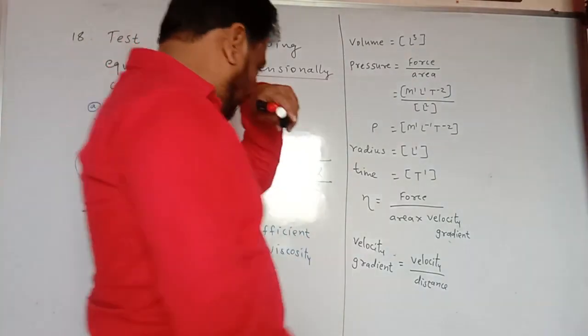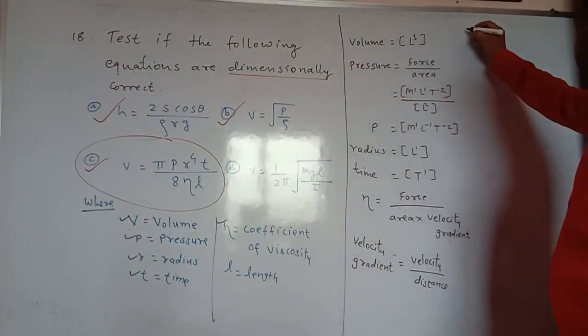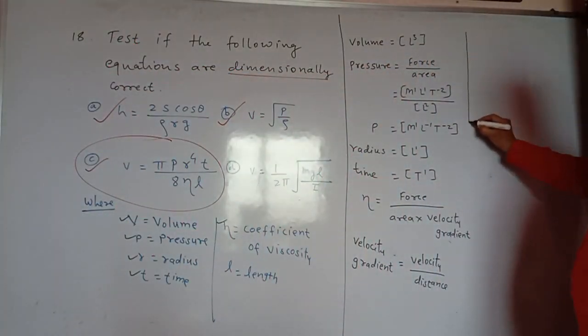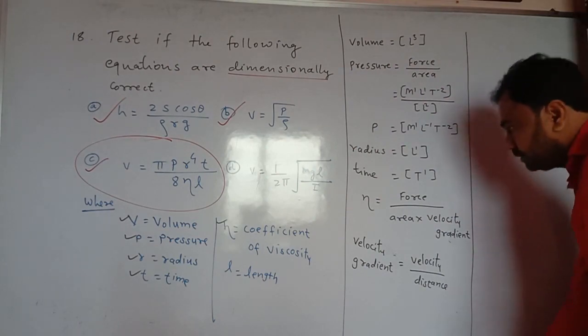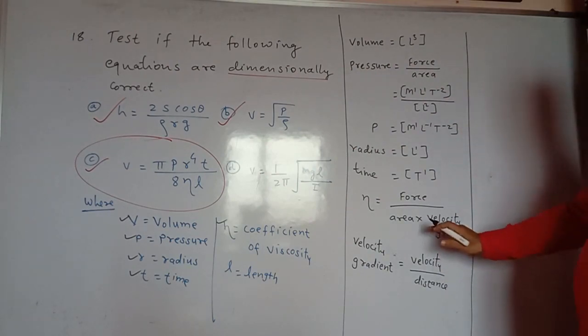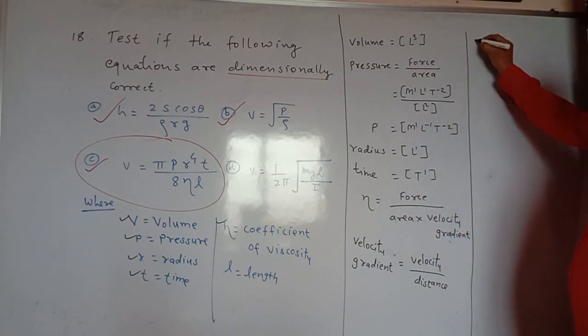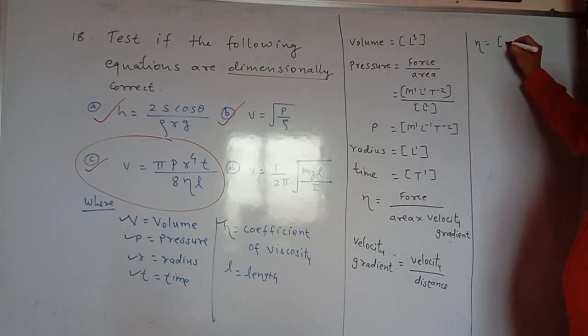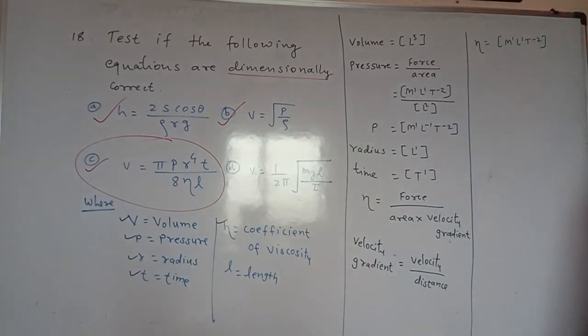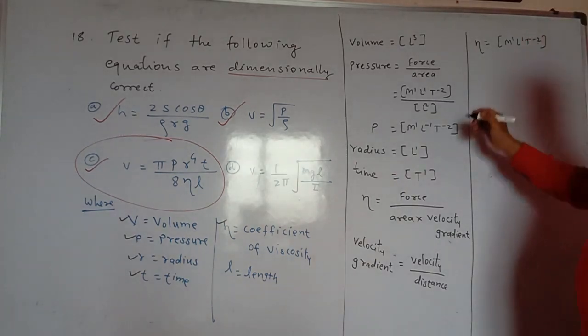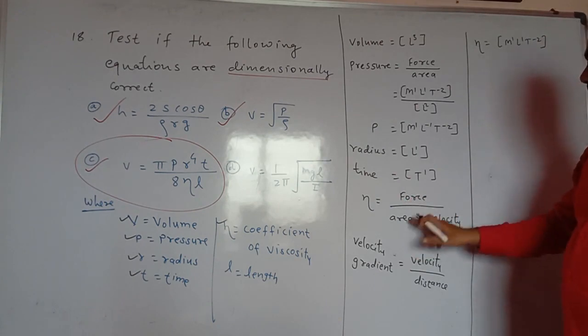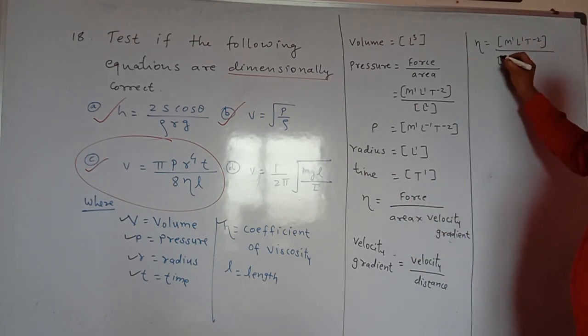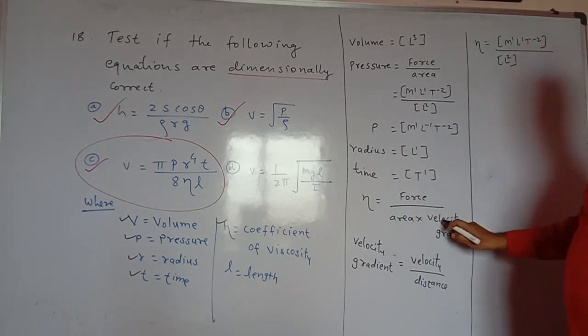See here, eta is equal to the dimension of force, M1 L1 T minus 2, then area, that is L2, and velocity gradient.